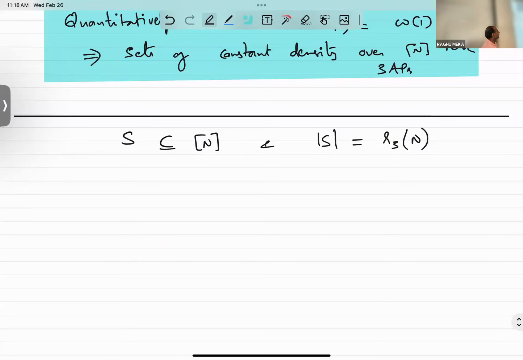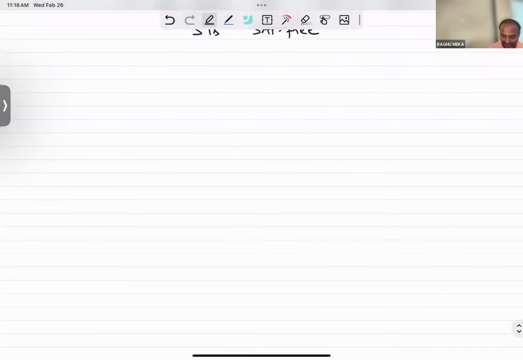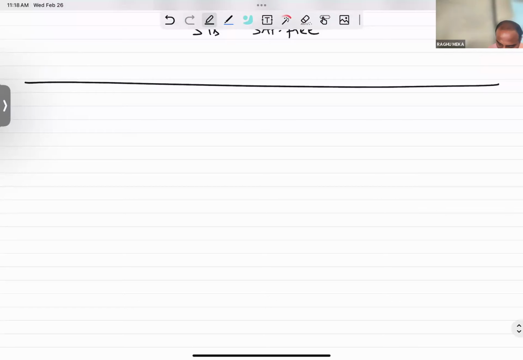They said, okay, S is 3AP free. I need something slightly stronger than a 3AP free set. But if you give me a 3AP free set, then I can construct what I'm going to ask for next. So what I'm going to ask for next is the following.